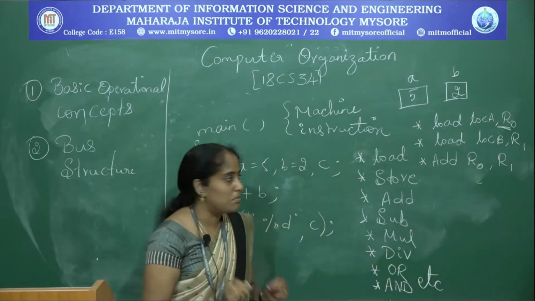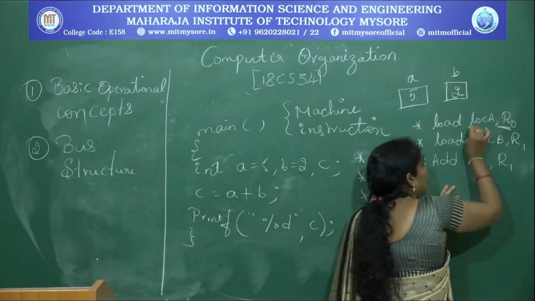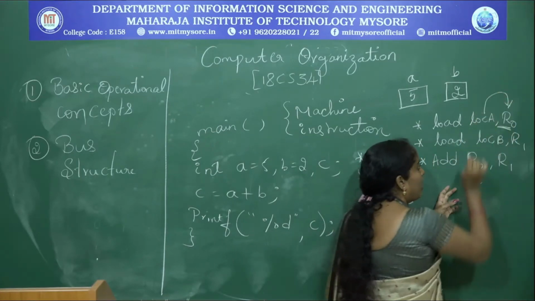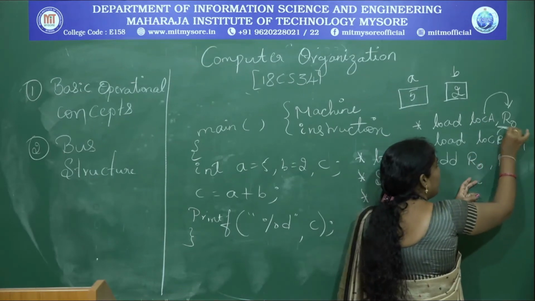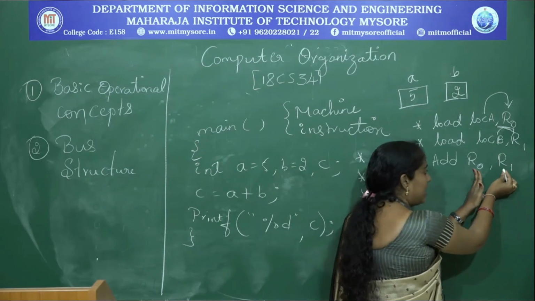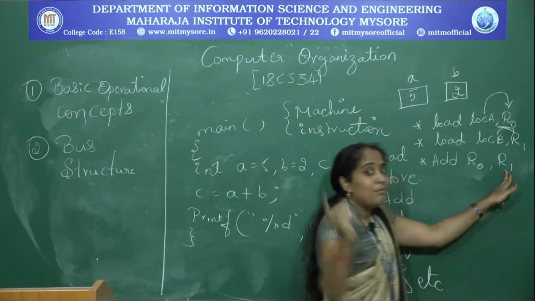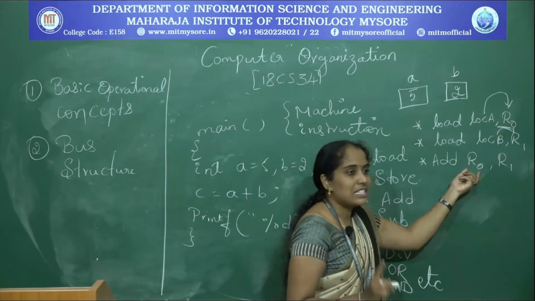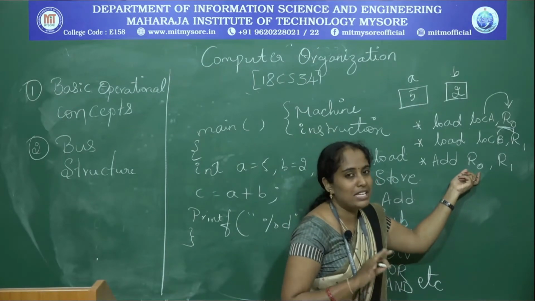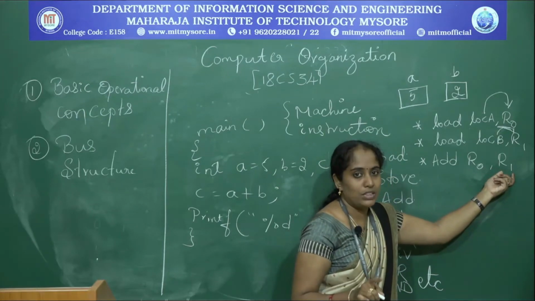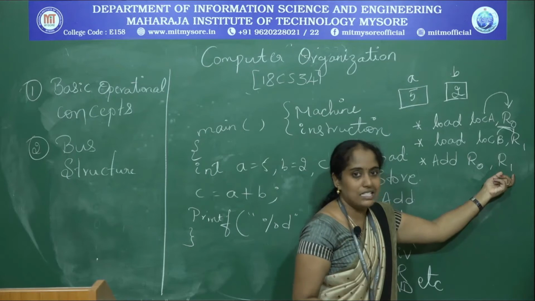Please remember, the location A data will be stored in R0, and in the same way the location B value in R1. Here we are adding R0 and R1, but the result will be stored in R1. So the previous content of R0 remains the same, but the R1 value is replaced with the new value, that is the result.